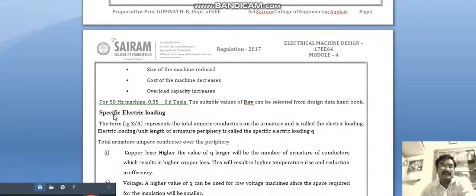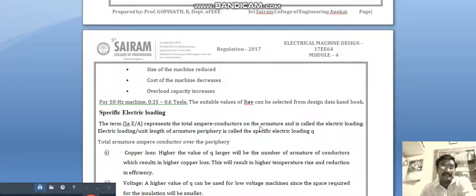When we come to electric loading, specific electric loading, the term IA Z by A represents the total ampere conductors on the armature and is called the electric loading. Electric loading per unit length of armature periphery is called specific electric loading. Total electric loading is nothing but the total ampere conductors on the armature.